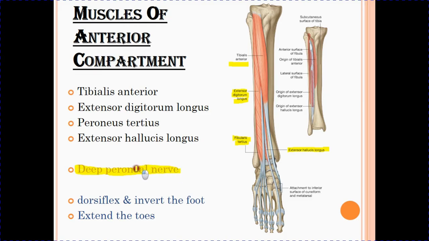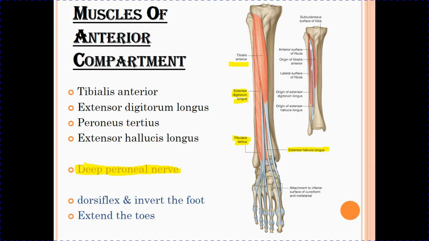Now you remember that sciatic nerve in the popliteal fossa divides into a tibial nerve and a common peroneal nerve. The common peroneal nerve then divides into superficial and deep peroneal nerve. So deep peroneal nerve is the main nerve of the anterior compartment.